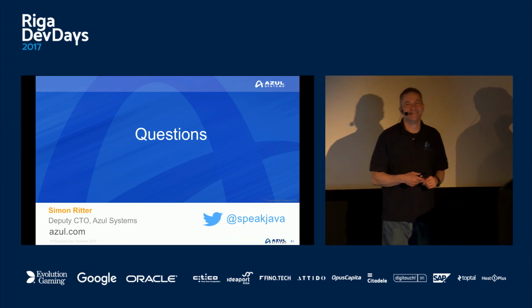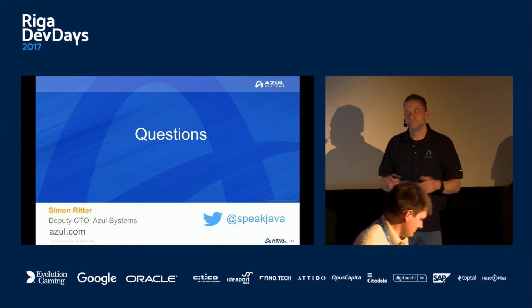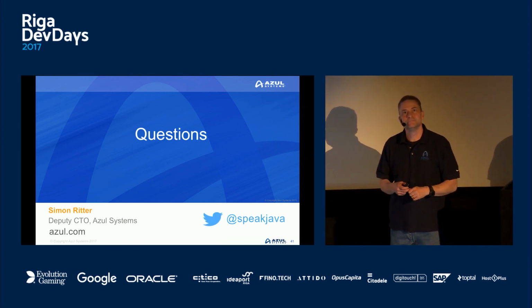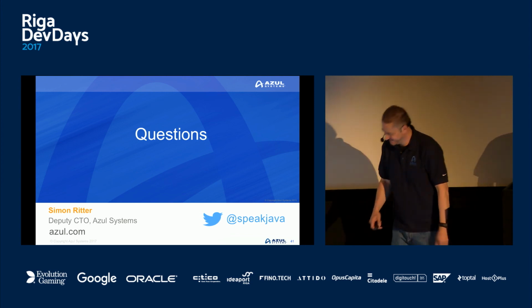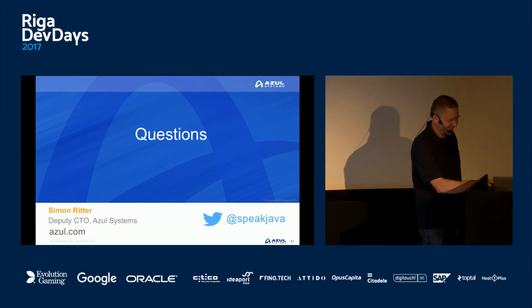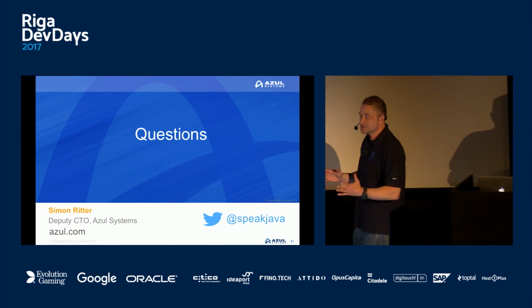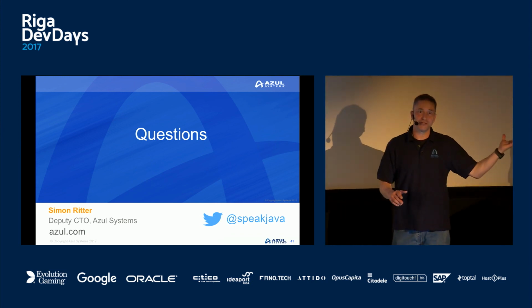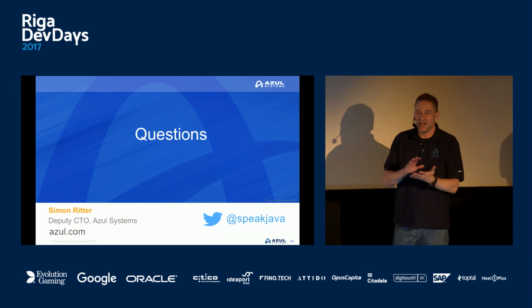I see, thanks. And the second question: I doubt this information is correct, but I was told today that Jigsaw is kind of removed from Java 9 and will not be present. Is it true? No, that is definitely not true. The reason I say that is because I was at the JCP meeting last week in Austin, so I know exactly what went on there.